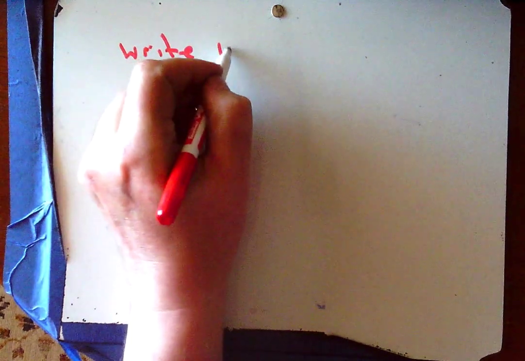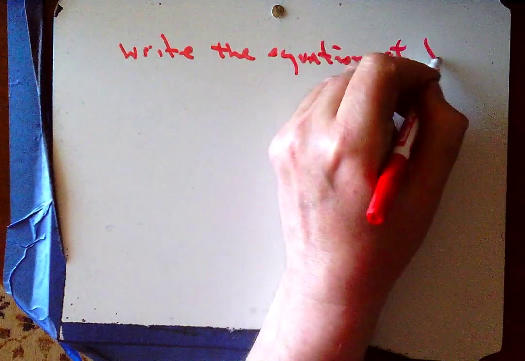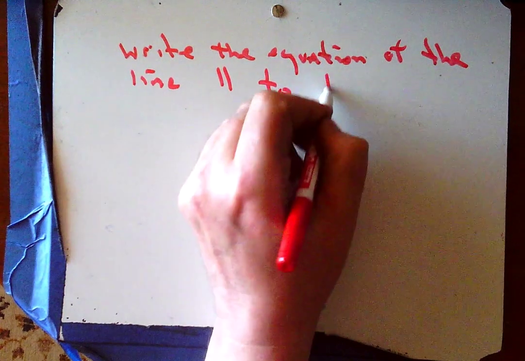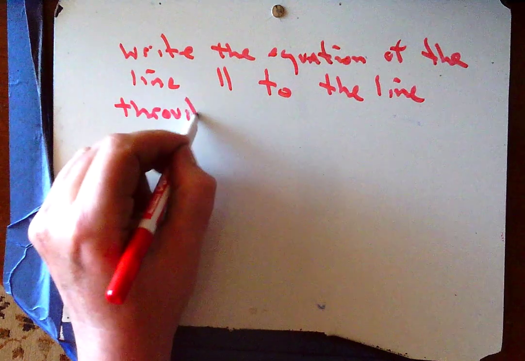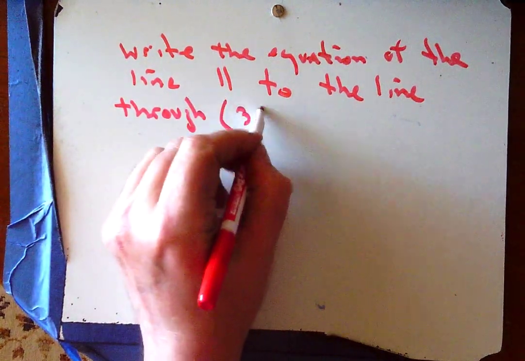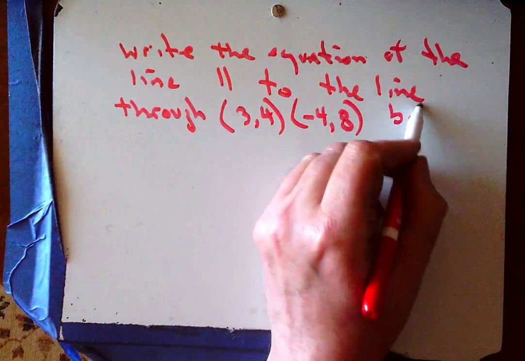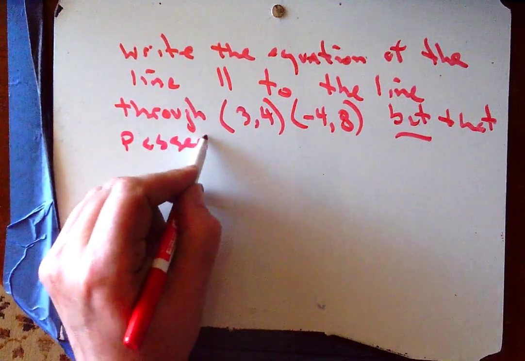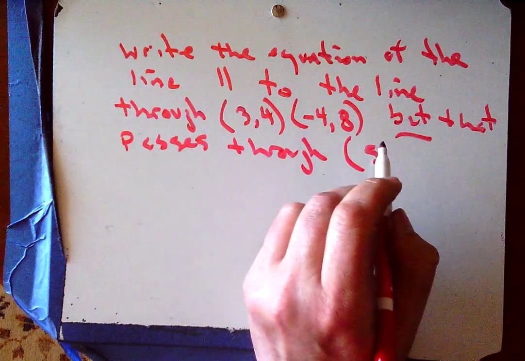Write the equation of the line parallel to the line through (3, 4) and (-4, 8), but that passes through the point (5, 10).